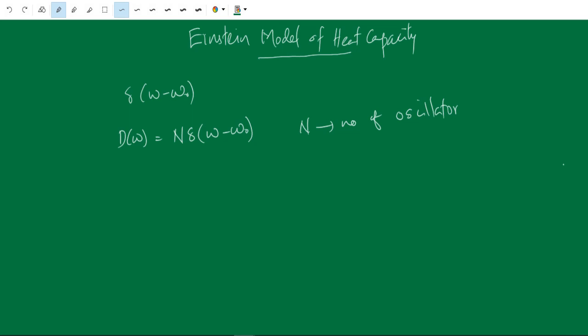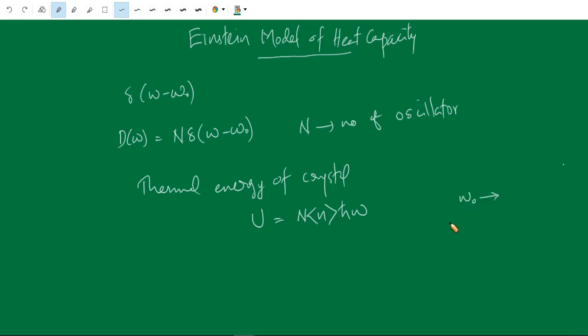Now, the total thermal energy is given by U equal to N, the number of oscillators, times the mean occupation number times the energy of an oscillator, h cross omega. Here omega 0 is the frequency of all oscillators according to the Einstein model, but we are writing h cross omega; this omega 0 is omega only.